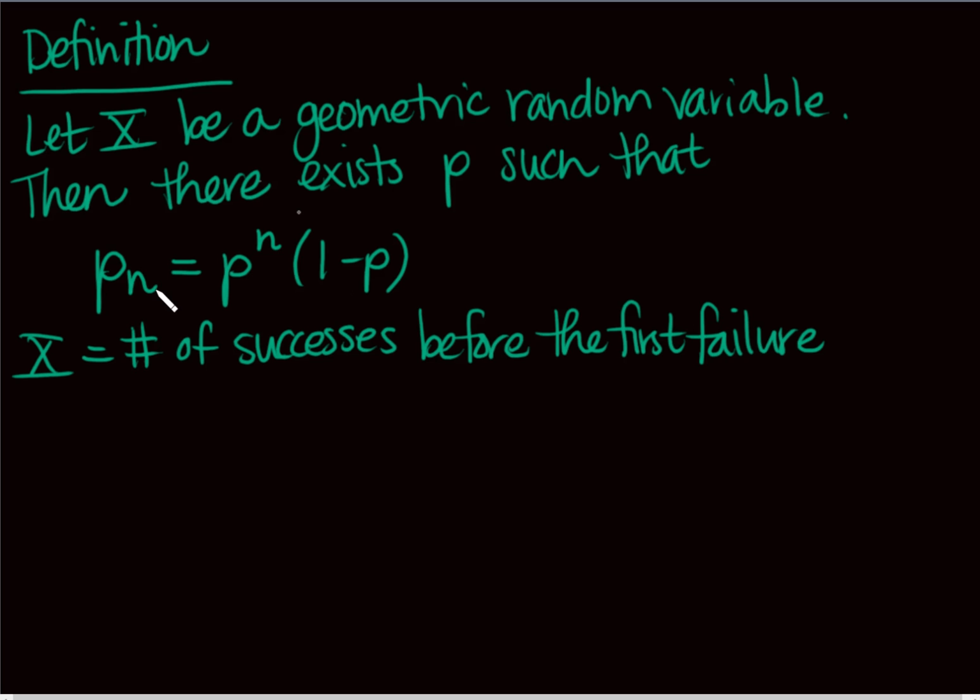So if I wanted to know the probability that I toss a coin 5 times and the 6th time I get a head, so I get 5 tails and then a head, then my n would be 5. It would be the number of tails before I get that head. So that's the number of successes before the first failure.